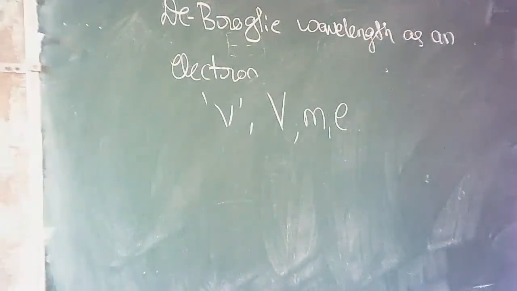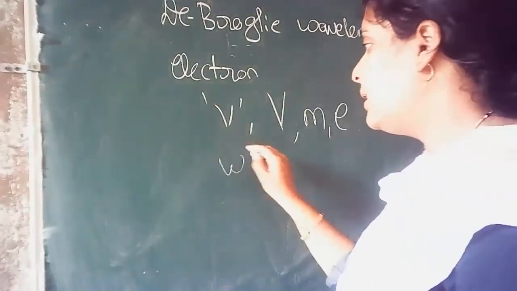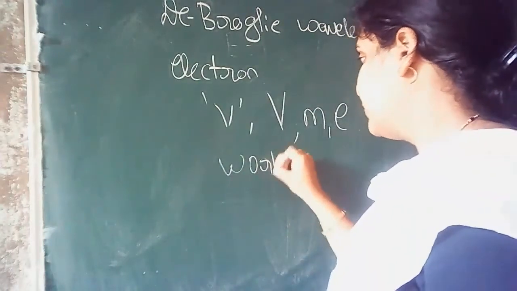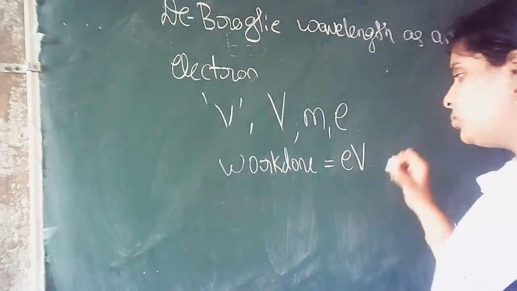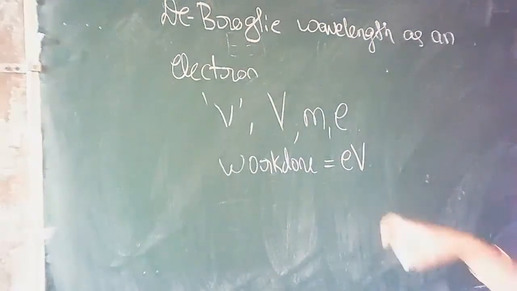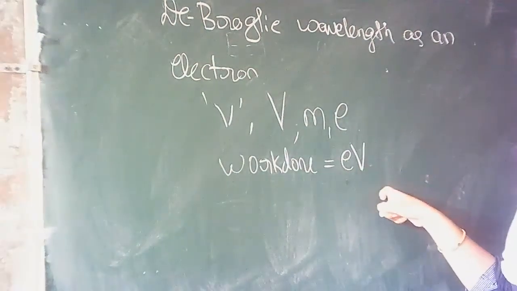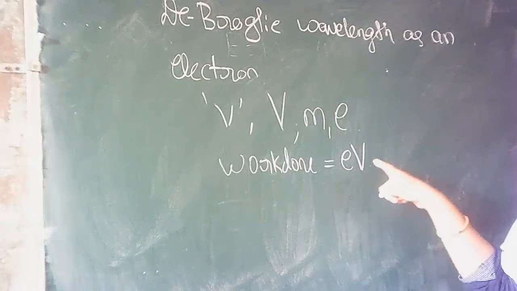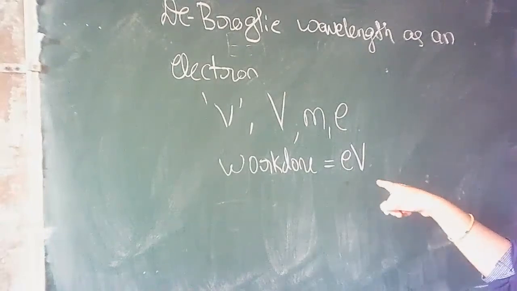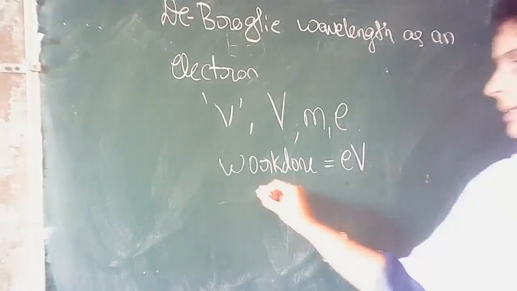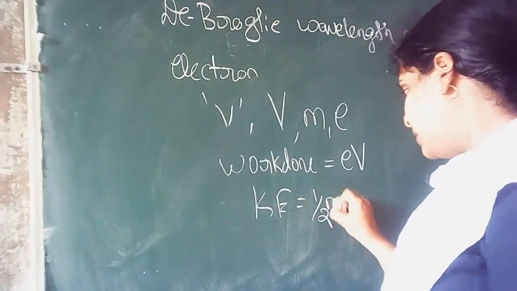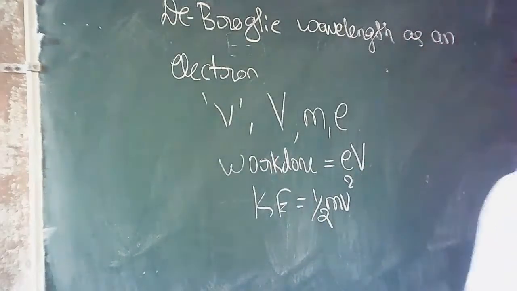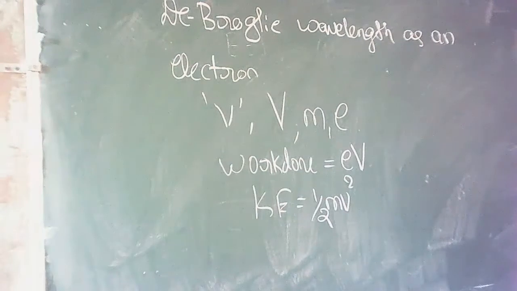The work done on the electron is given by eV, where e is the charge of the electron and V is the potential. The kinetic energy is half m v square.